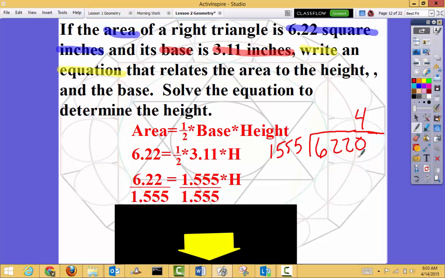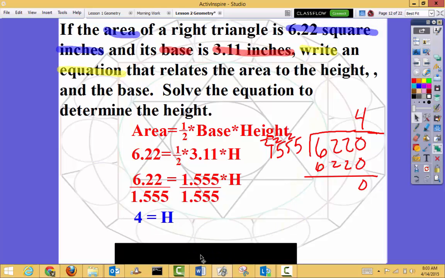This will be 20, carry the 2, 22, carry the 2, 22, carry the 2, and 6. So look at that. When I divided this, it equals 4. So that means 4 equals h, because this is going to equal 1. Any number divided by itself is 1.